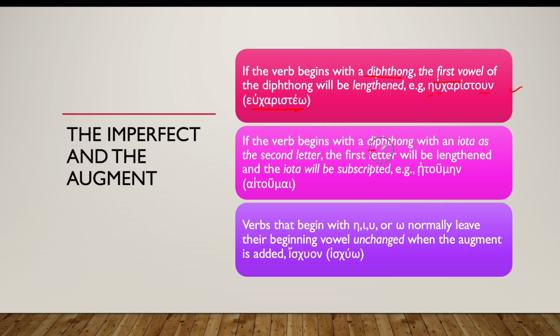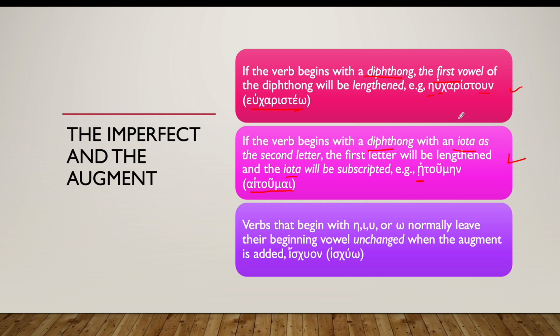If the verb begins with the diphthong and there's an iota as the second letter, the first letter will be lengthened, but the iota is going to subscript. So this is I to my. Okay, what's happening here? The alpha is lengthened to an eta, and that little iota subscripts. Okay, so this makes it tricky for us when we are parsing, because we have to kind of go backwards.